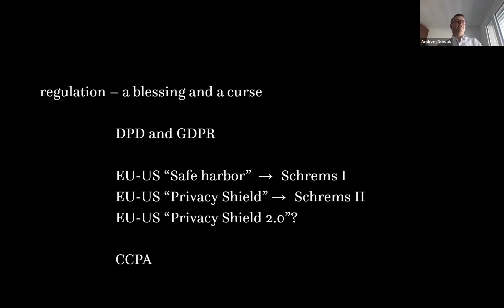It was a self-certification scheme where you would say, yeah, I'm protecting data, it's all good, don't worry. And the regulator would say, well, we're glad you told us because we were worried, so thanks a lot. Then that was struck down by an Austrian activist, Max Schrems, who sued Facebook in Ireland for sending his data to the US. It was determined that the US did not provide adequate protection, and that invalidated the whole law.